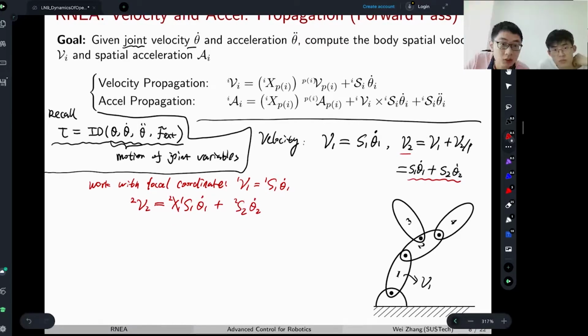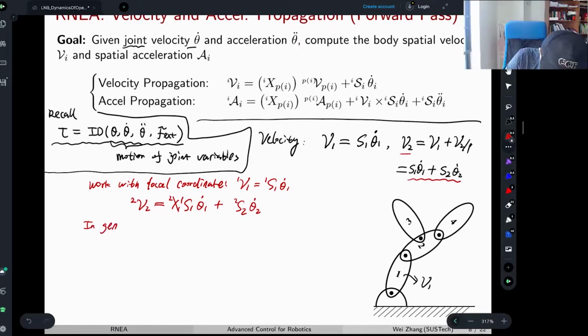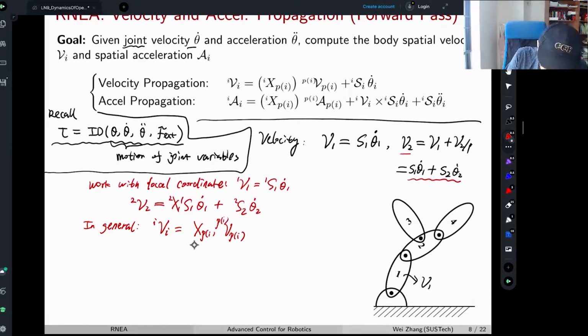So in general, I will have vi, of course, in i equals the parent's velocity, v_pi expressed in pi, and then do a change of coordinates from the parent frame to my current frame i, plus s_i theta i dot.